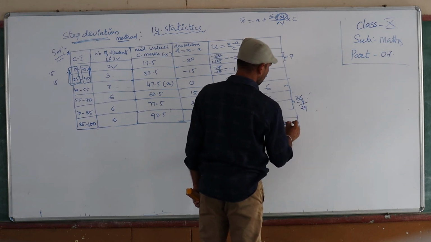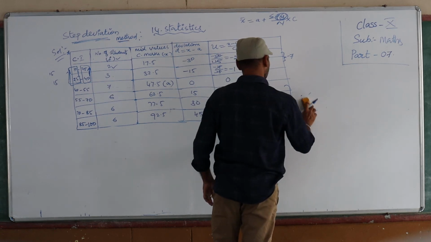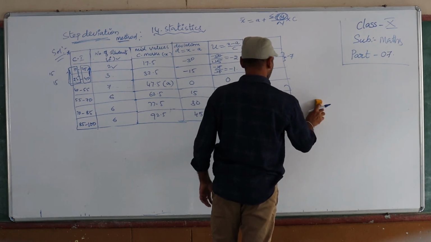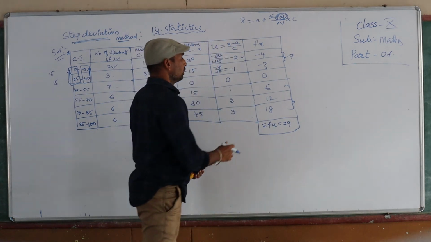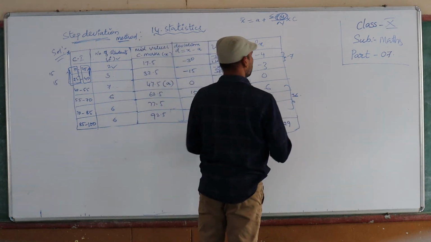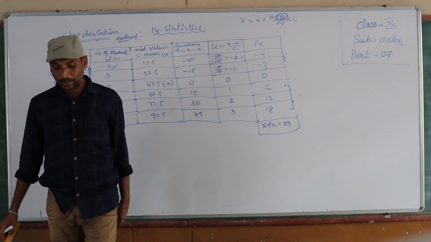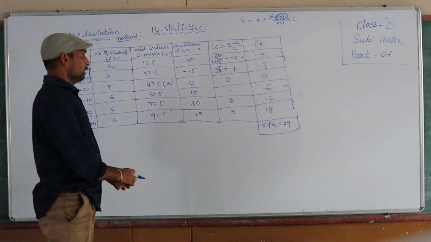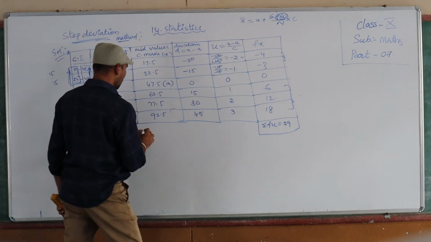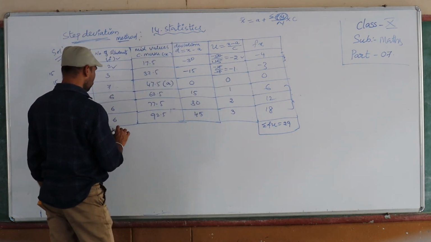This is sigma fu. You do not need to write the positive sum separately, but I am explaining it to make it easy. Then take the formula. We already know the n value is 30.